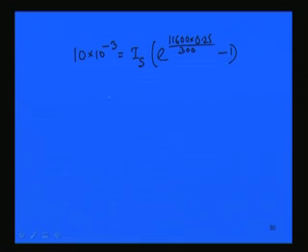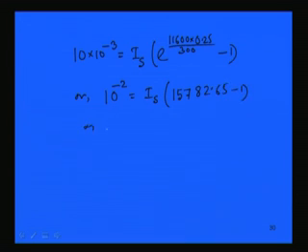If we simplify this equation, 10 to the power minus 2 equals Is into e to the power this whole term, which will finally be 1578.265 minus 1.